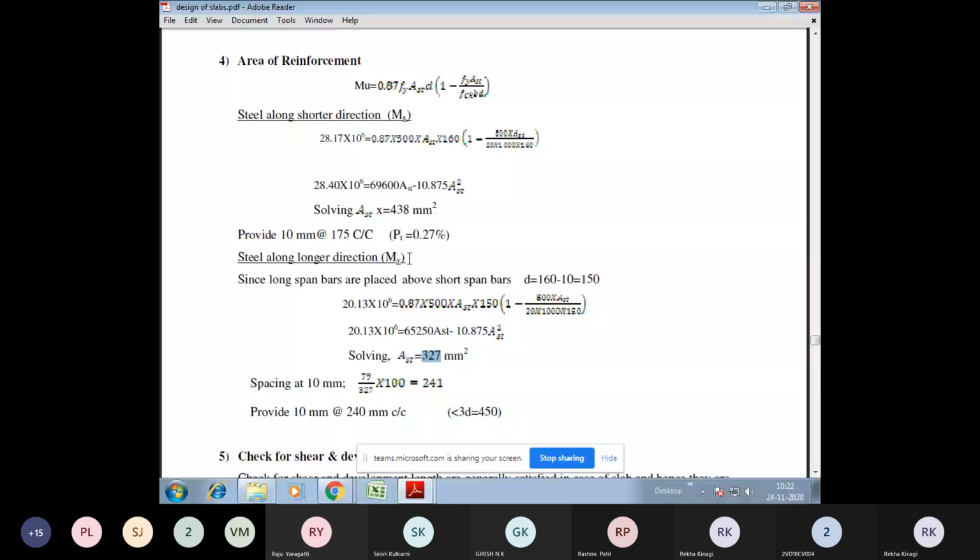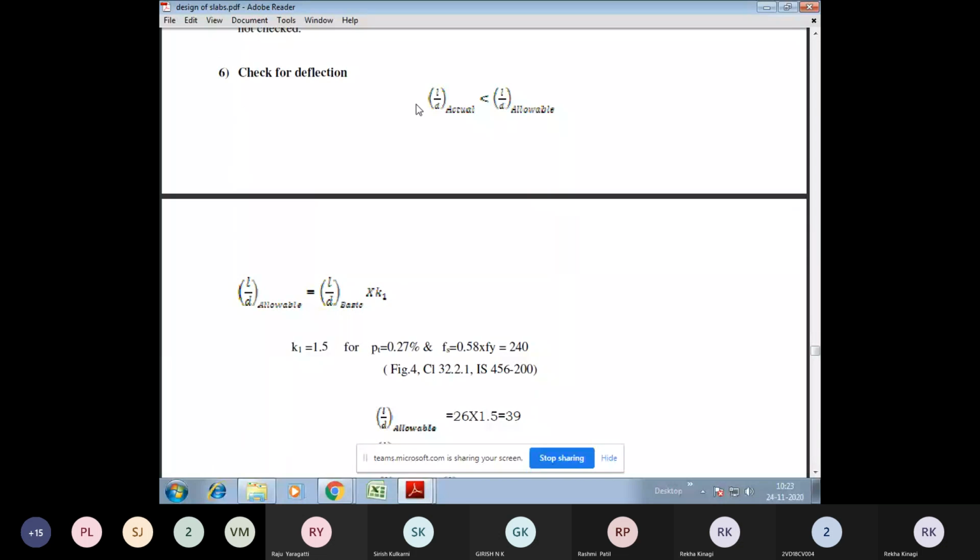So with this, the last part is the check for deflection. In the check for deflection, what you need to calculate is L by D actual is less than L by D permissible, or L by D allowable. So L by D allowable is equal to L by D basic into K1 into K2 into K3, where K2 and K3 refer to the compression reinforcement modification factor and the modification factor for the flanged section.